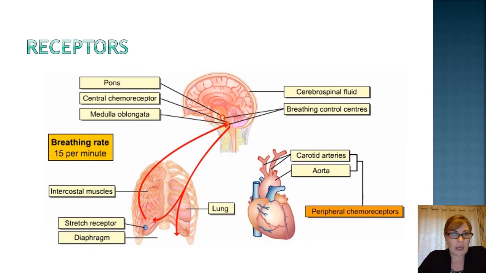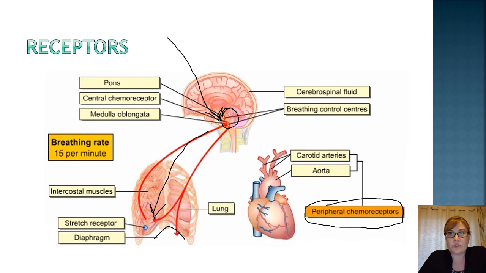So we have the pons and the medulla in this area here. And then we have our breathing control centers, which we just discussed. We have our phrenic nerve coming down to the diaphragm. We have our intercostal nerves going to the intercostal muscles. And then we have these peripheral chemoreceptors.